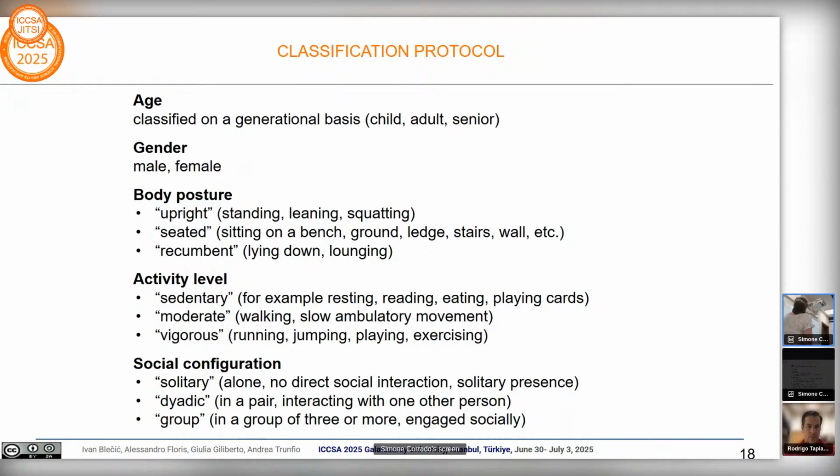Social configuration refers to whether people are in a group, in a couple, or alone.